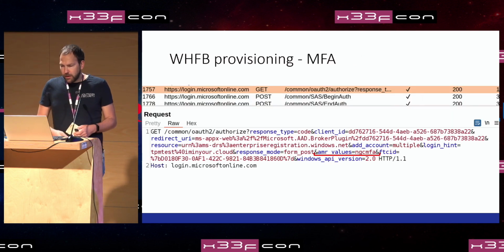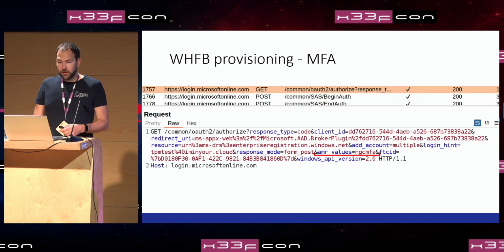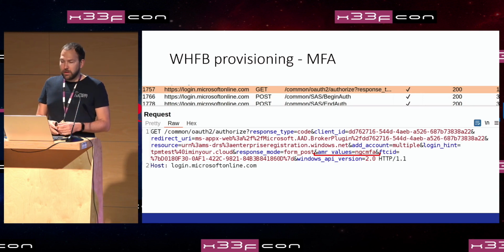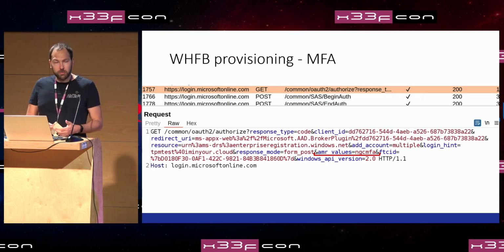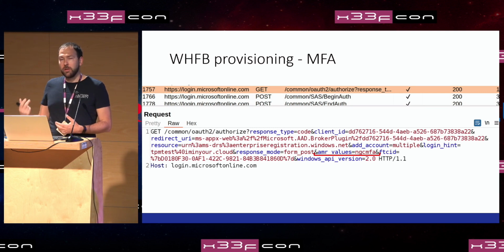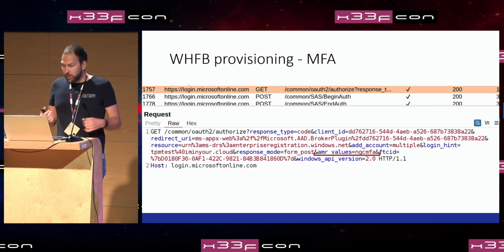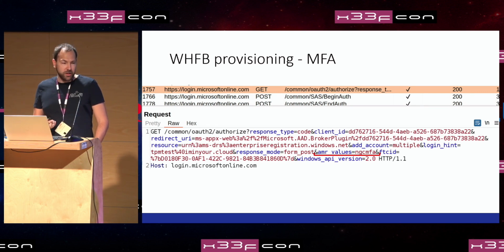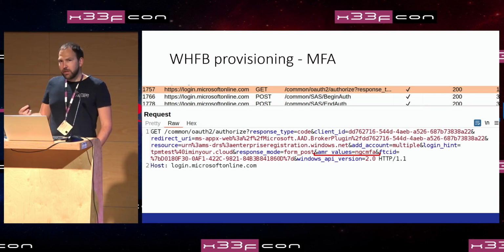If we look at the technical flow, it starts off with redirecting the user to login.microsoftonline.com. Basically this is a normal OAuth 2 initiation. What springs out here is the authentication method value that it requests, which is NGC MFA. It's a bit of a special one.